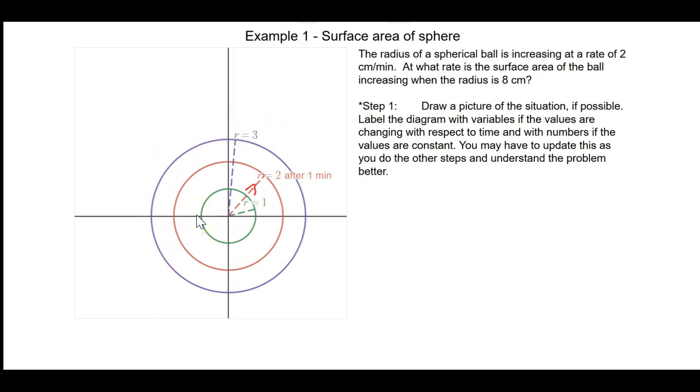I can't draw a three-dimensional object, a ball, on a piece of paper, but this is kind of a cross-section, and you're just thinking, okay, as the radius changes, the surface area is going to change, and the radius is moving outward, and after 1 minute, it increases by 2 centimeters.